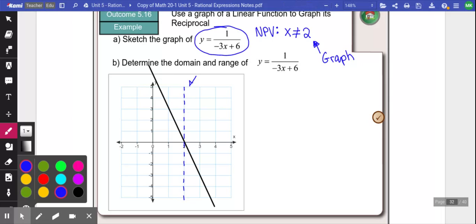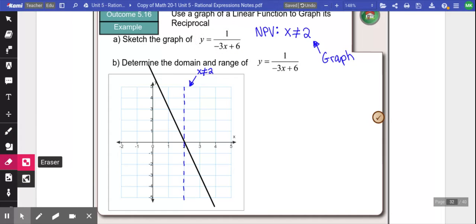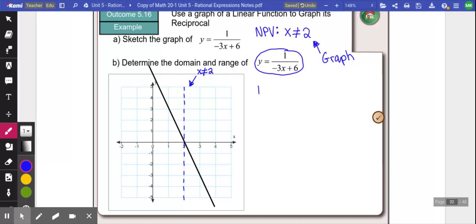This dotted line represents x cannot equal 2. It is a vertical asymptote. And when you go to graph these rational functions right here, your first step will be to draw your asymptotes. These are spots that your graph can't touch.